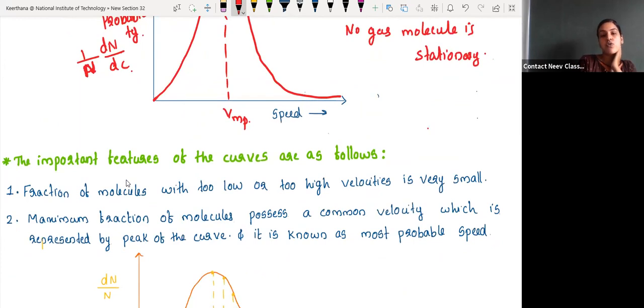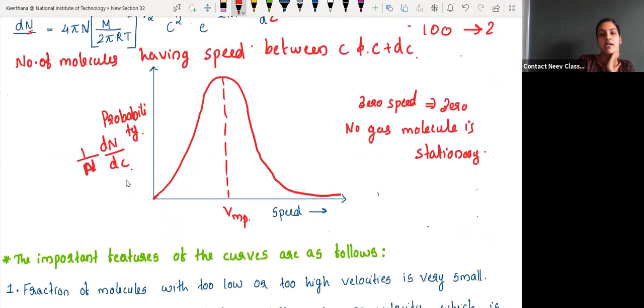The fraction of molecules with too low or too high velocity is very small. If you look into the curve, the fraction of molecules having zero speed is zero, which means no gas molecule is stationary. The next thing is the fraction of molecules having too low and too high velocity is very small.